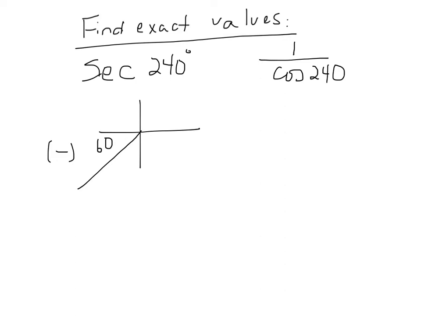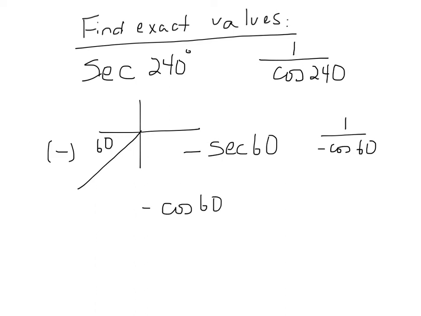So the secant of 240 is going to be the same as the negative of the secant of 60. Or I can think of it as 1 over the negative of the cosine of 60, whichever way I want to think about this. Now, if I know that the negative cosine of 60 is equal to negative 1/2, then the negative secant of 60 is going to be the reciprocal of that.